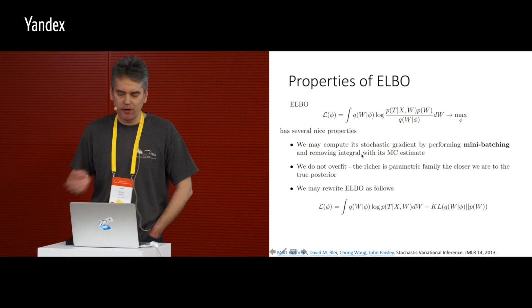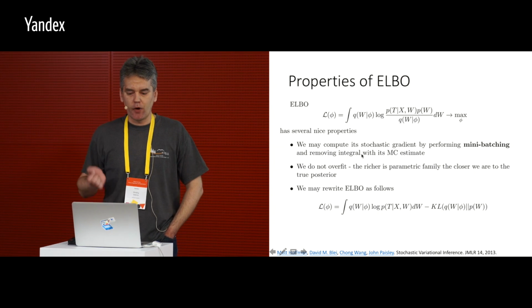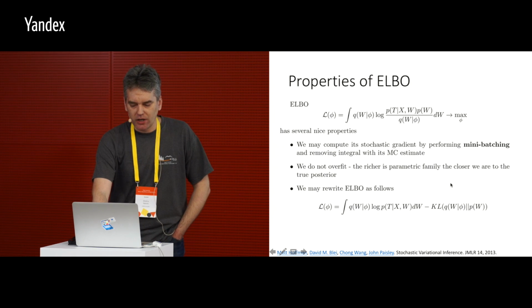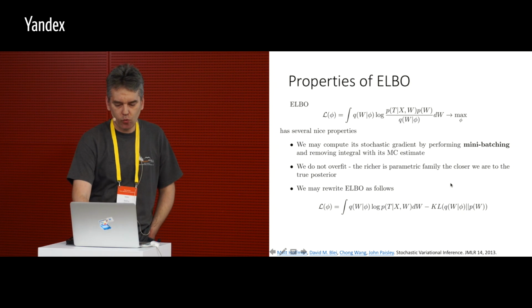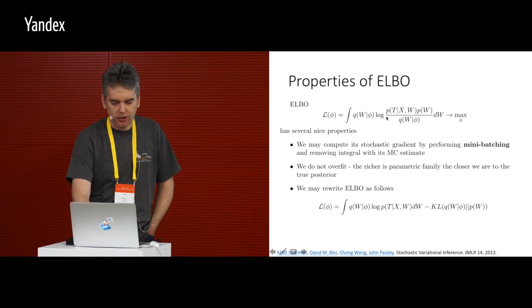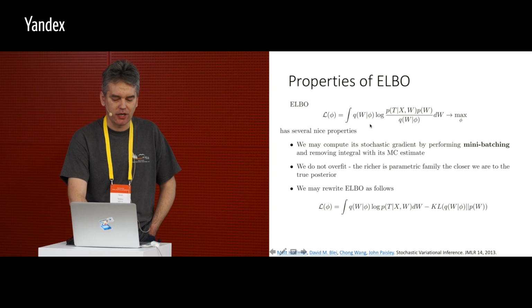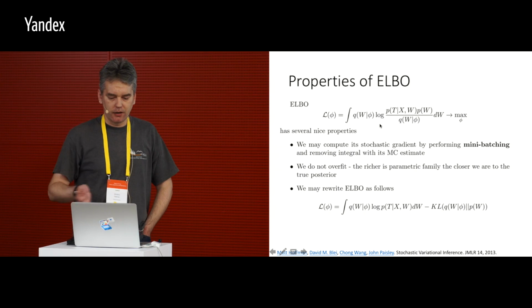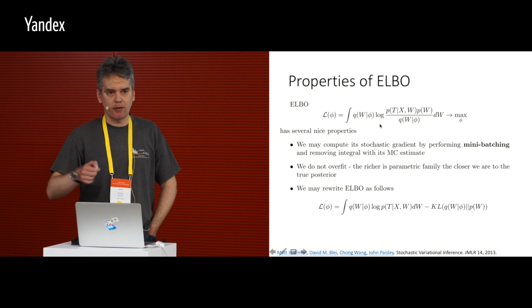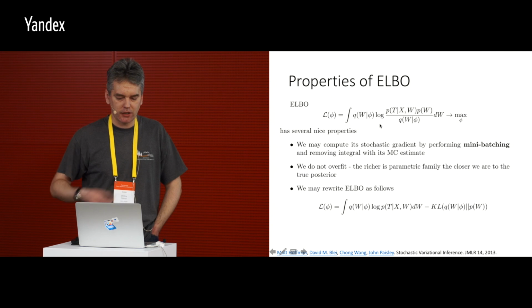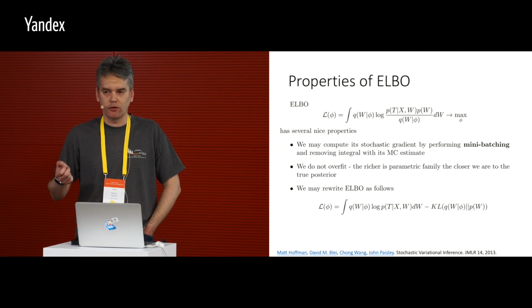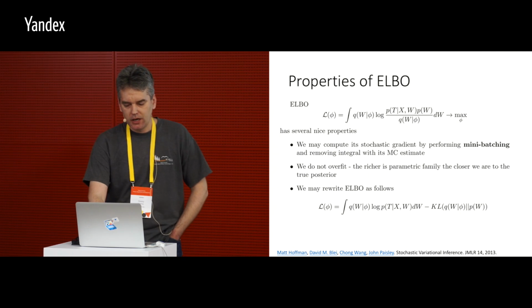Because it has several very nice properties. One of them is that we can easily compute stochastic gradient. Why? Because the log likelihood of the training sample is under a logarithm, so we may represent it as a sum over the objects from the training set, and we may compute stochastic gradient using many batches of data.